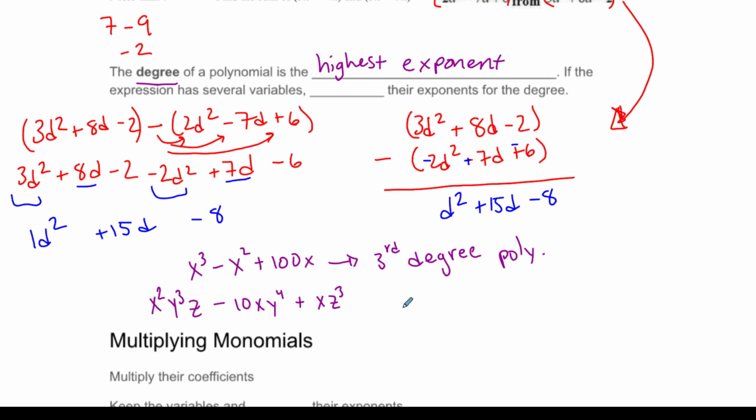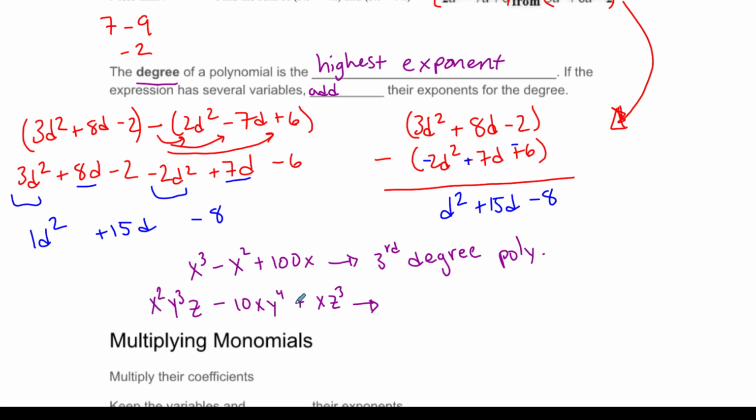Okay. What would be the degree of this? I have a fourth degree here, but I also have a bunch of variables all with exponents being combined. So what we do when we have multiple variables is we're going to add their exponents for the degree.